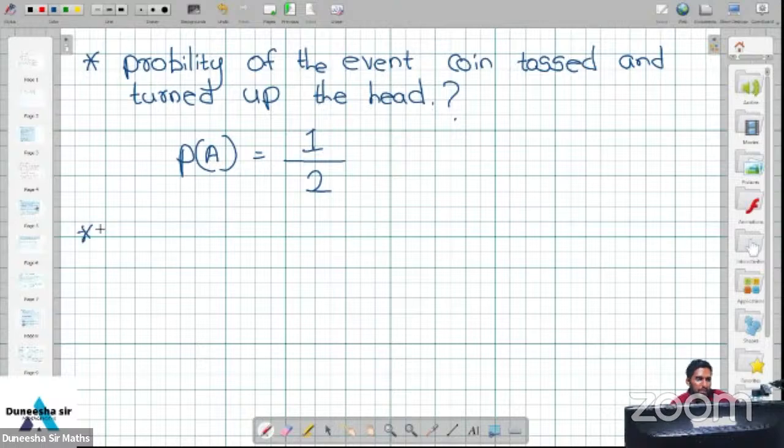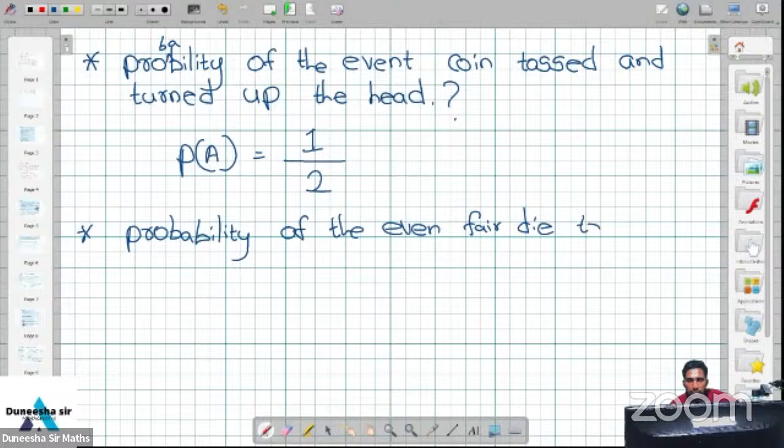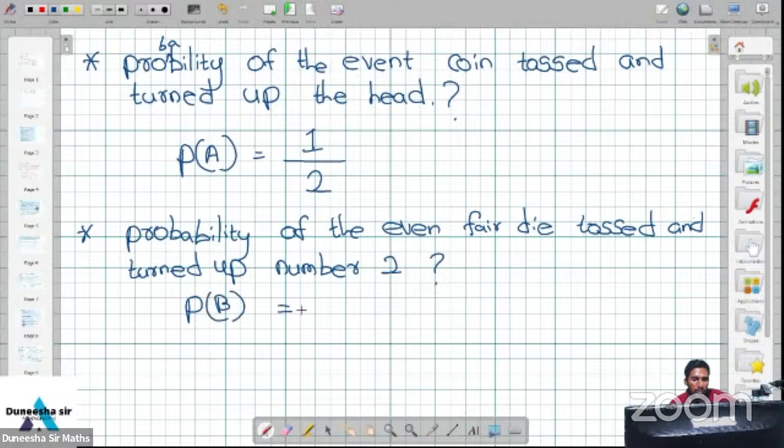Okay. Write down it. Probability of the event pair of dice tossed and turn up number 2. Number 2. What is it? If we take its P(B), what is the sample space?